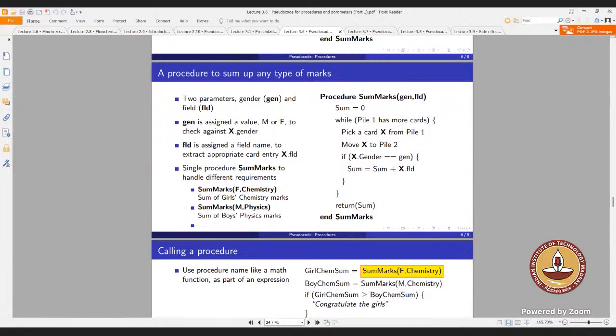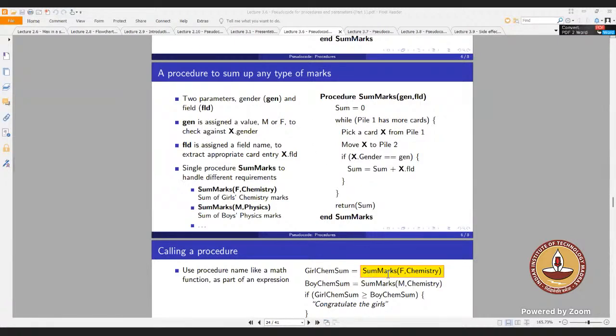No, sir. Sir, while writing the pseudocode for procedures, we always have to add that return line? Yes, because of what you are essentially doing. The procedure has three main parts. First is the way you're defining it and the variables you are sending to your procedure. Second one is the body of your procedure, and the third one is what you are actually sending back when the procedure is being called.